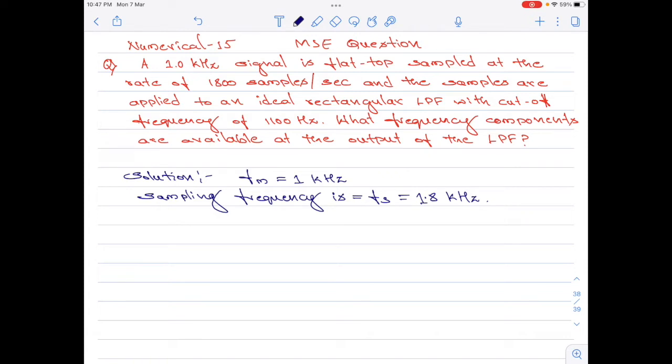From the sampling theorem, we know that the spectrum of the sampled signal will exhibit replicas of the original signal spectra, where the original spectral lobe is shifted left and right by a value of n Fs. Let me write it down here.